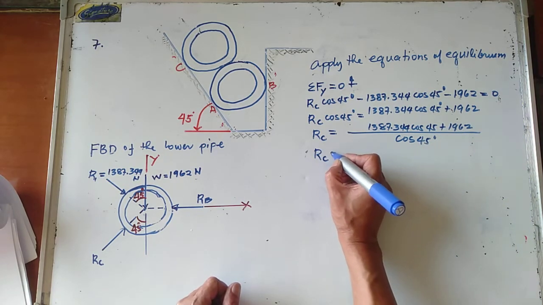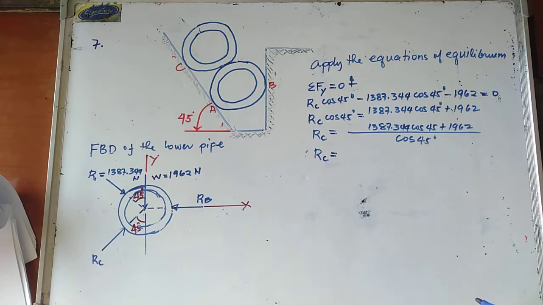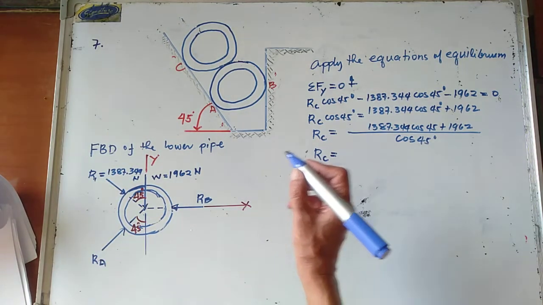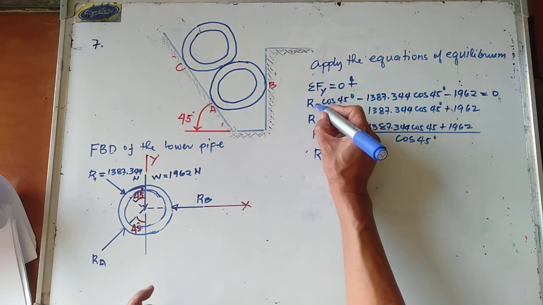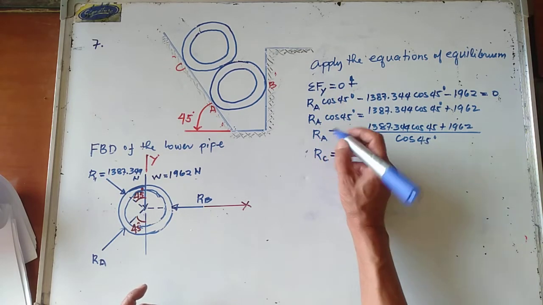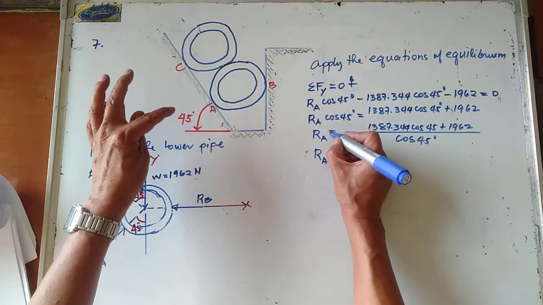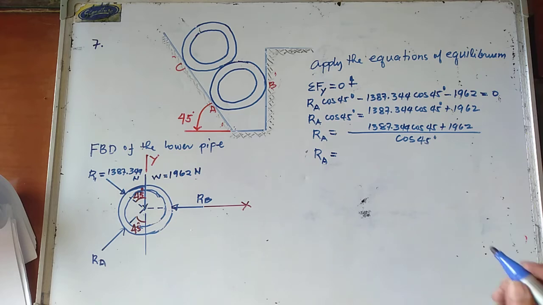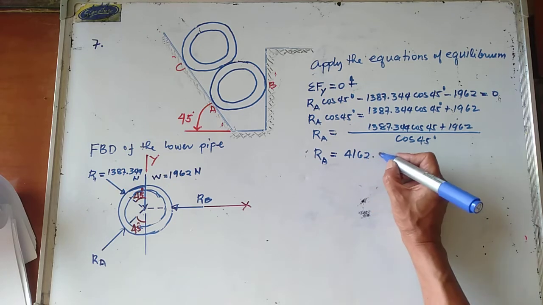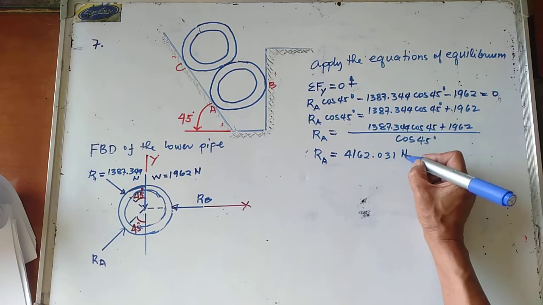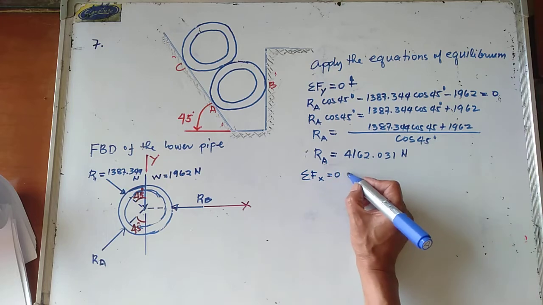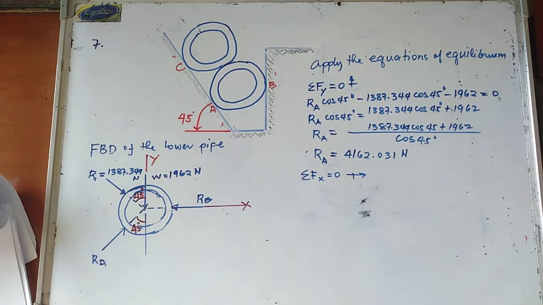So the reaction at contact point A is therefore equal to 4,162.031 newtons.